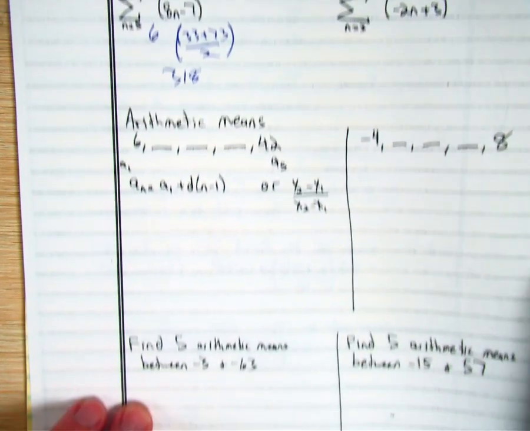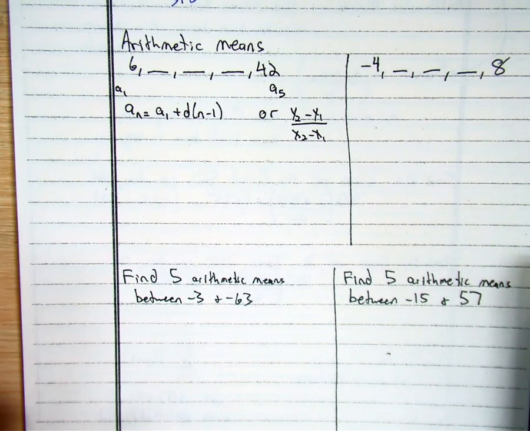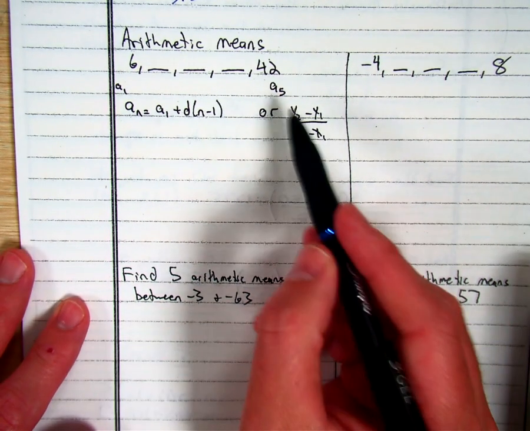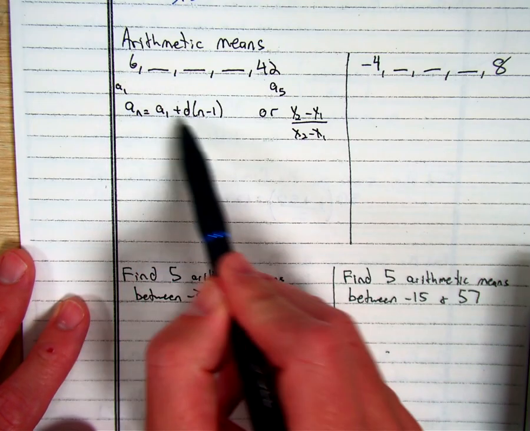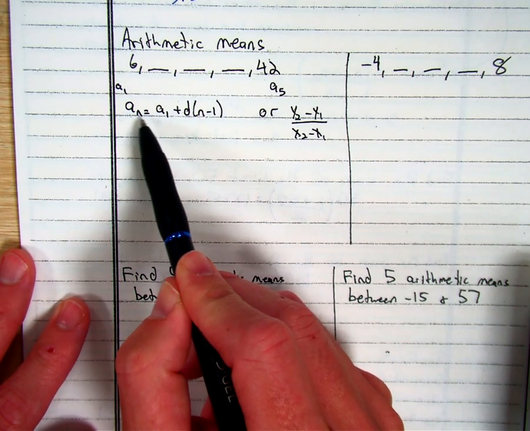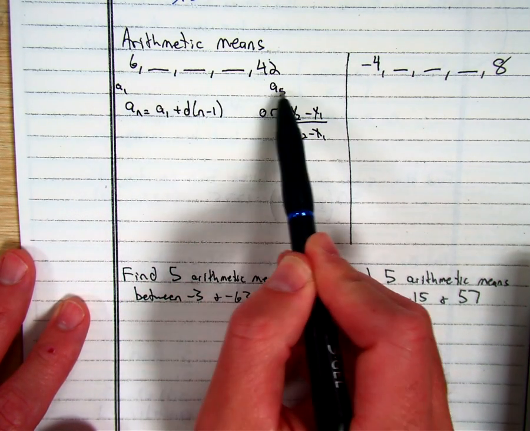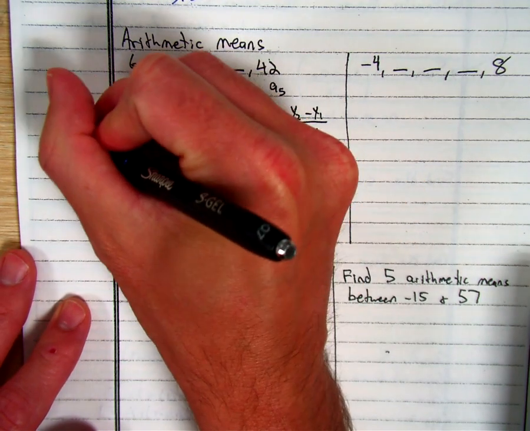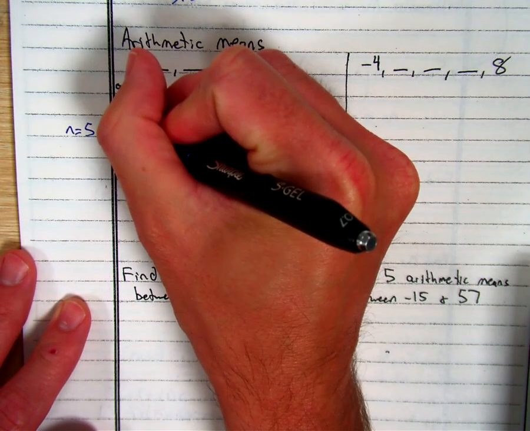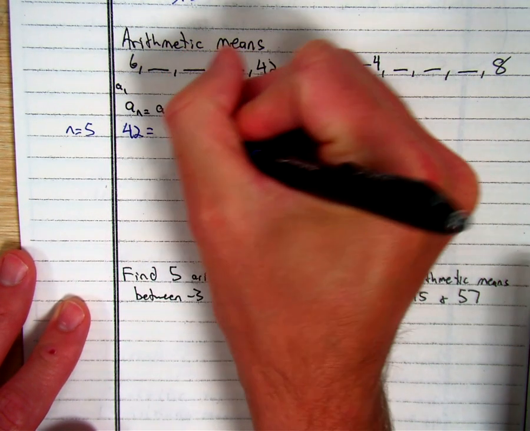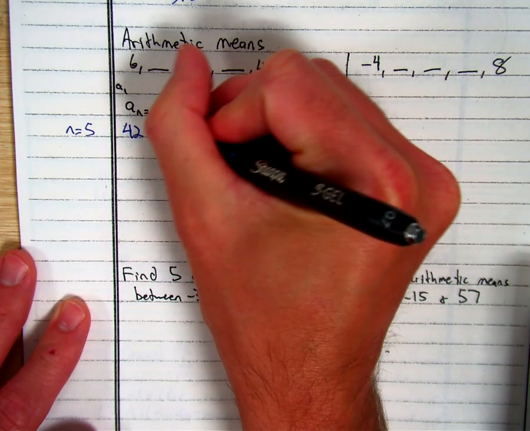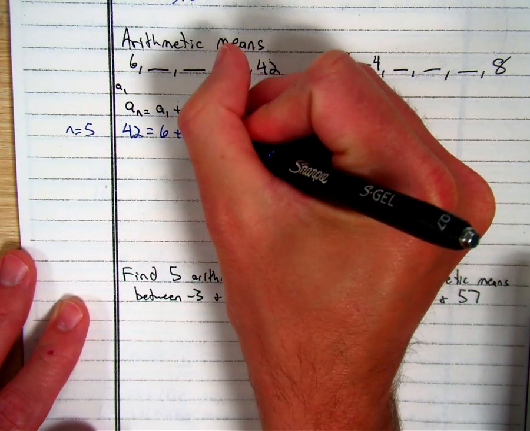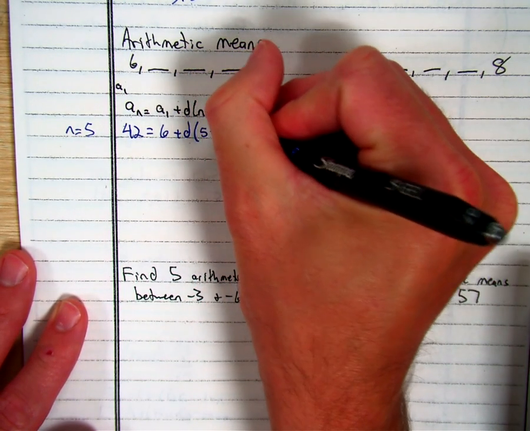Okay? Arithmetic means, so that's filling in the gaps. A couple of ways we can do that. We can use the formula. AN, in this case it goes all the way out to A5, which is 42. So n equals 5. A5 is 42. That's going to equal A1, which was 6, plus the difference, which I don't know, times 5 minus 1.